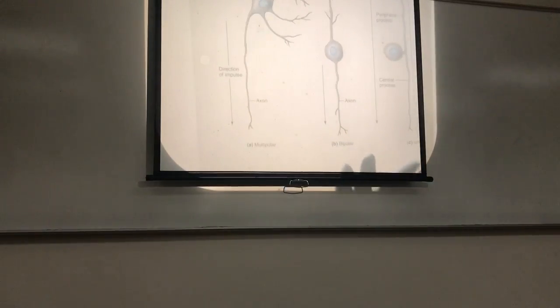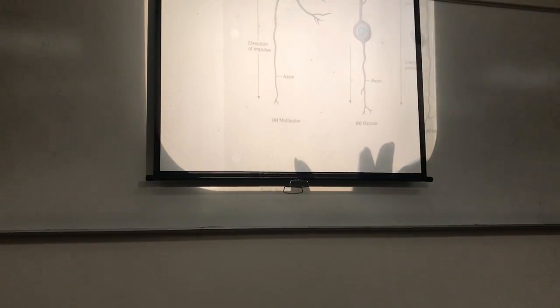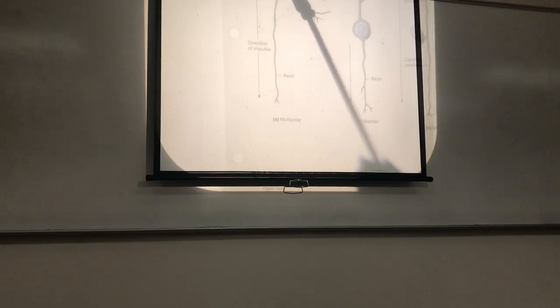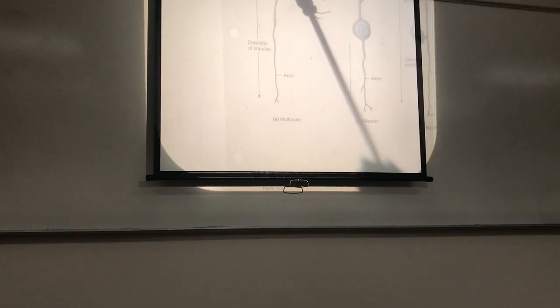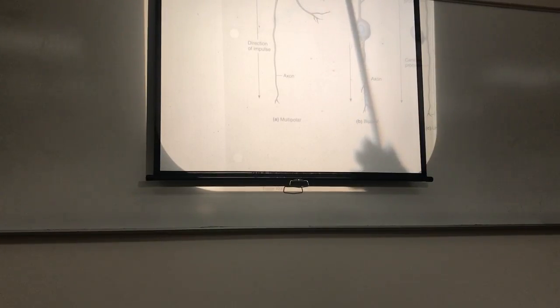Right. Now, not all neurons are exactly the same. This illustration is probably what most of us think of when we think of neurons. This enlarged part of the cell where we find the nucleus, this area is called the cell body. And you might remember that neurons have these little extensions of their cytoplasm called dendrites and axons.